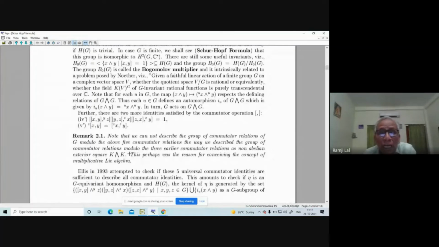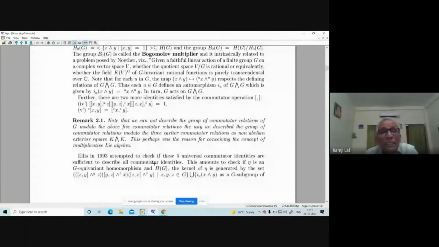However, Ellis actually attempted to check whether these five universal identities which I have described here, the commutator identities, are sufficient to describe all commutator identities. In other words, something like the result of Magnus, whether we can terminate somewhere.